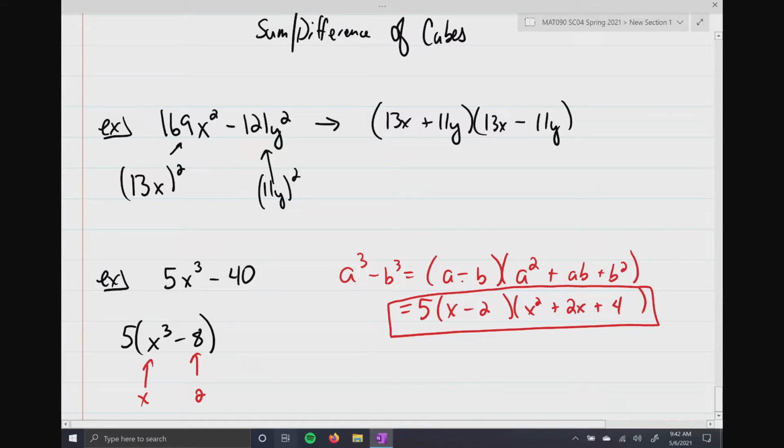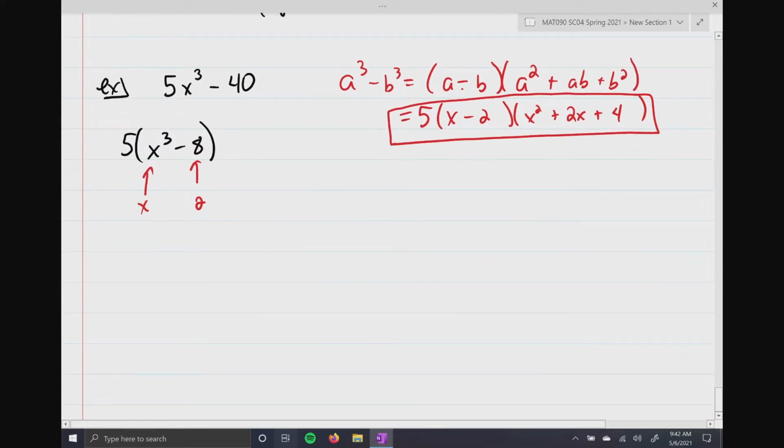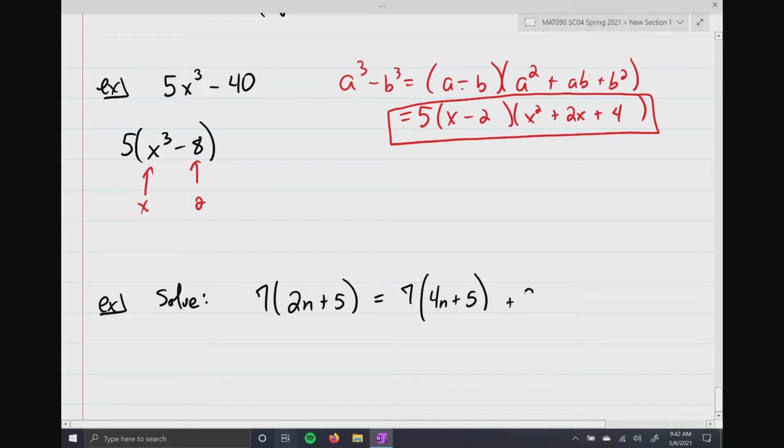All right. So let's just continue now. Now we're going to get into some solving things, okay? So we have 7 times a quantity, 2n plus 5 equals 7 times a quantity, 4n plus 5, and then plus 9 on the outside.